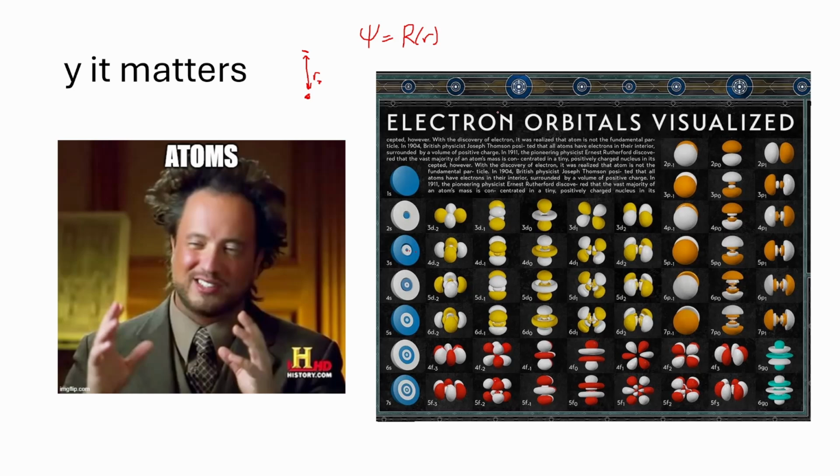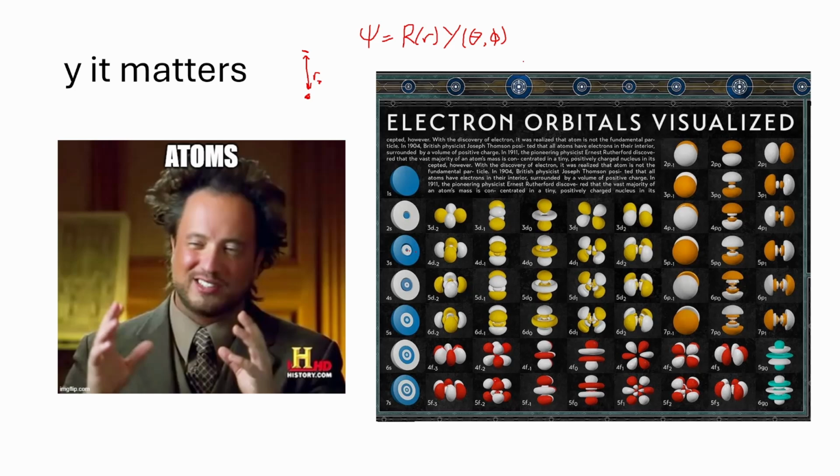But you can see angularly these things have shapes too. Not the s orbital. The s orbital is spherically symmetric, but in general, for all of the other orbitals, you're going to have an angular function, something that depends on your spherical coordinate angle, so your polar angle and your azimuthal angle. And this is what gives us the shapes of all those lobes in the p and d and f and g orbitals, is this angular function that comes from separating the variables in Schrodinger's equation.